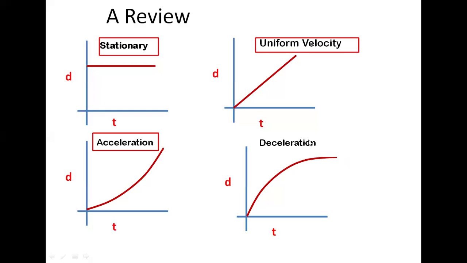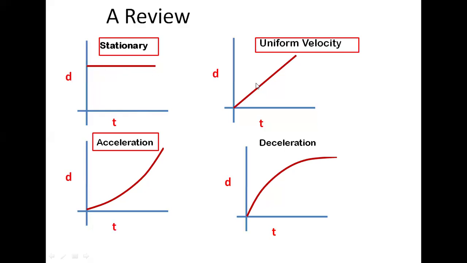So remember all these shapes of the graph, because now we are going to compare this with the velocity time graph. So this first graph is stationary, but when we have velocity on y-axis and time on x-axis, this shape will not be showing stationary state.